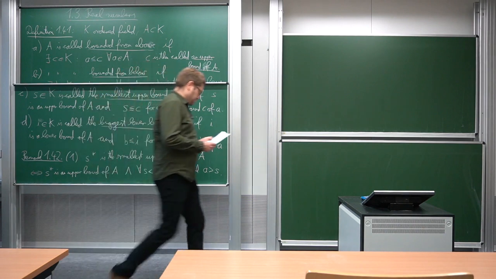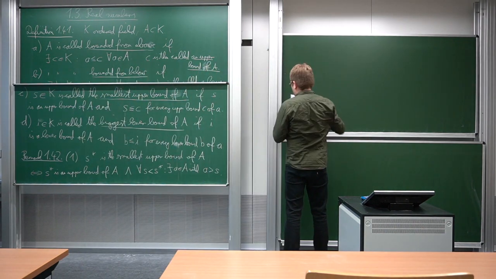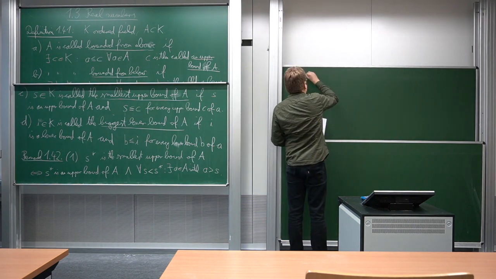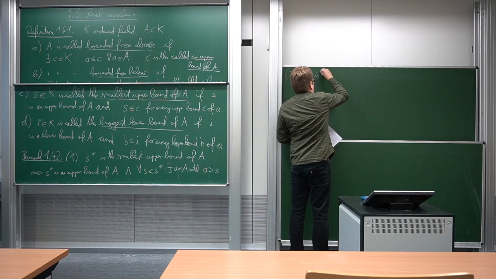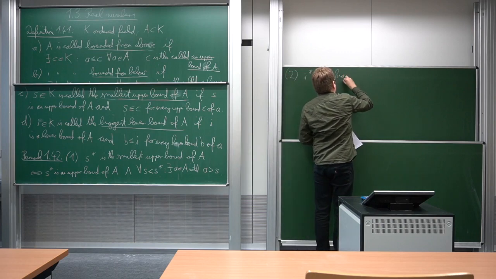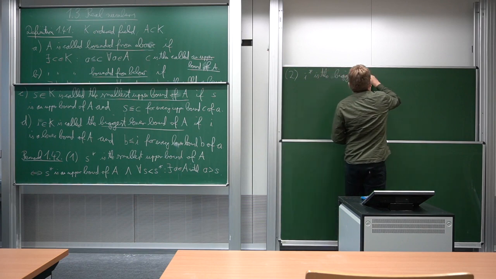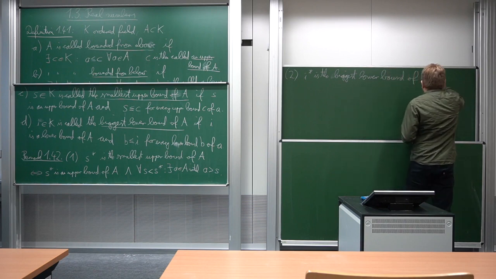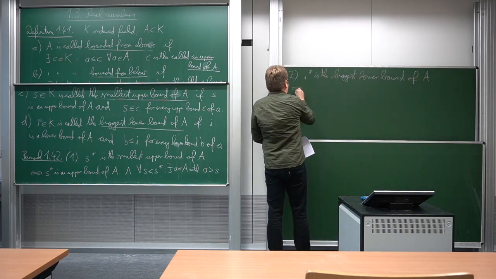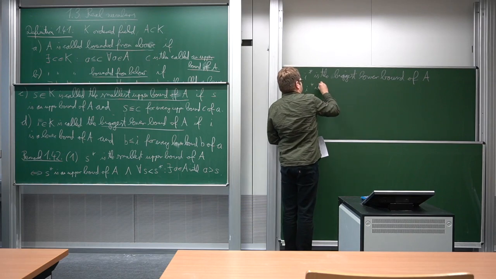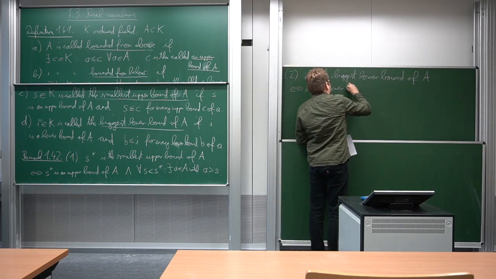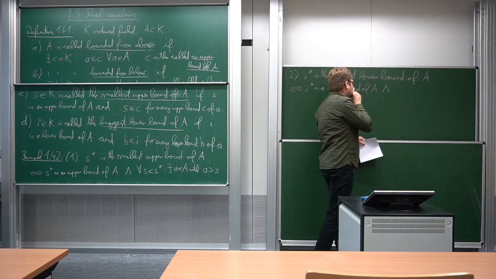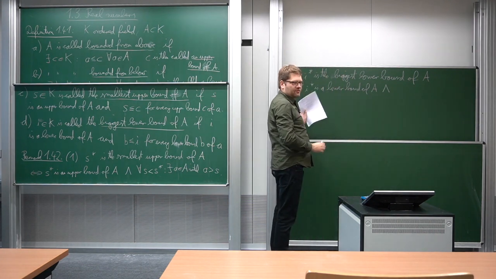Analogously for the lower bounds, for completeness, I will write this down in full detail. Some I star is the biggest lower bound of A if and only if I star is a lower bound of A, and every element which is bigger than I star is not a lower bound.